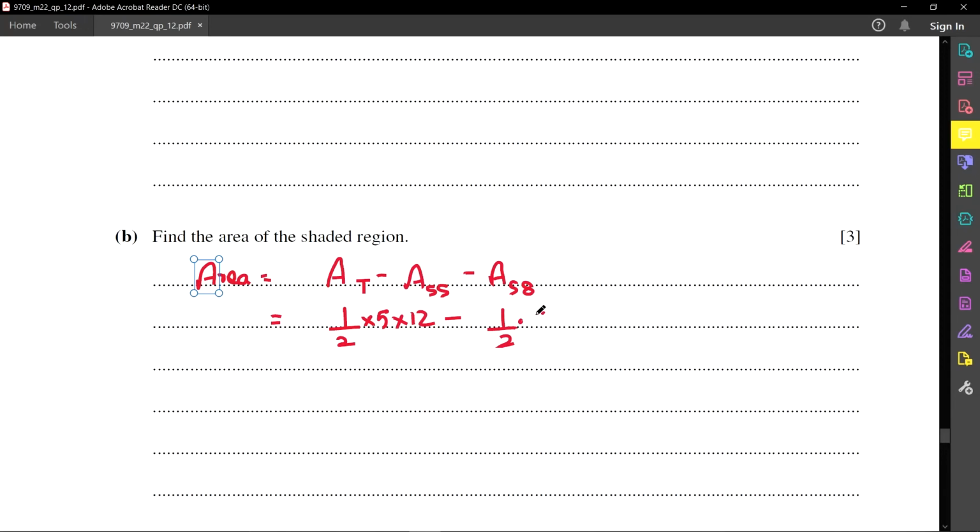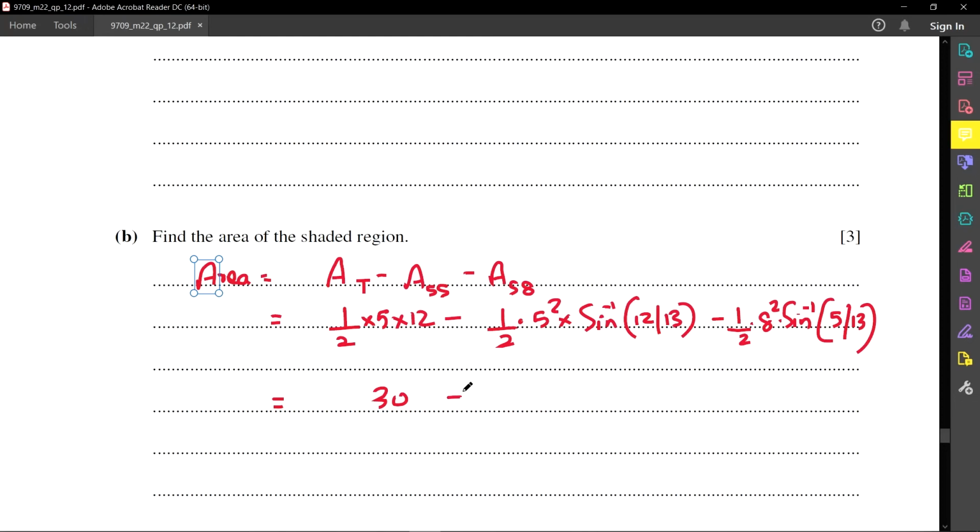So half into 5 squared into theta, where theta is sine inverse of 12 by 13, minus half into 8 squared into sine inverse of 5 by 13. Let's see how much that is. Half into 5 into 12 is 30.